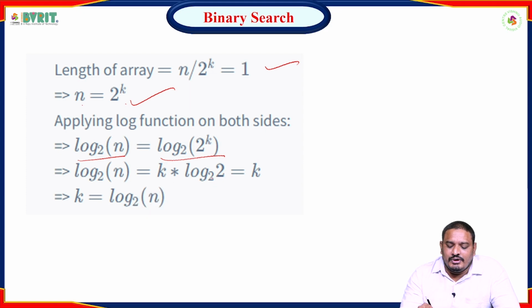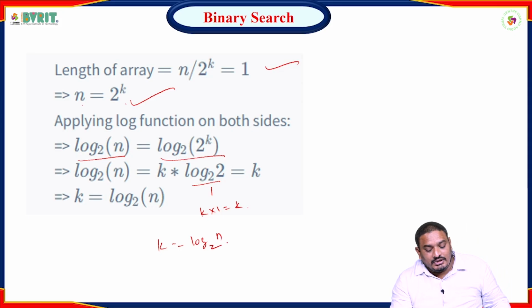Log 2 base 2 value is 1, so k into 1 equals k. So finally k equals log n base 2. At the time of the kth iteration, the complexity is log n base 2.